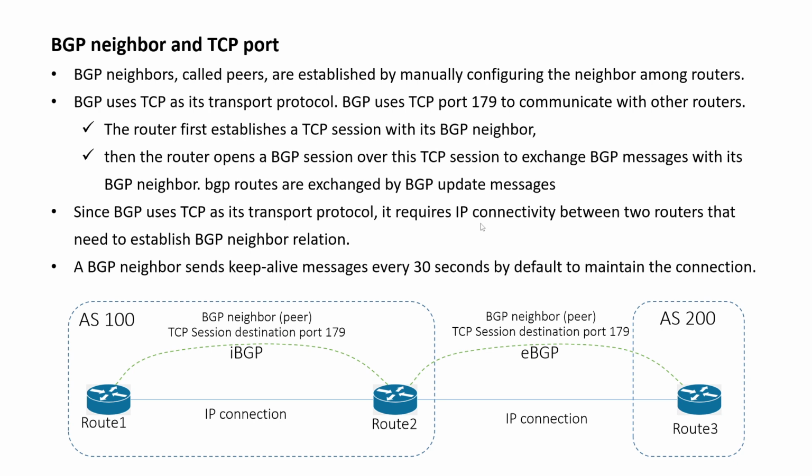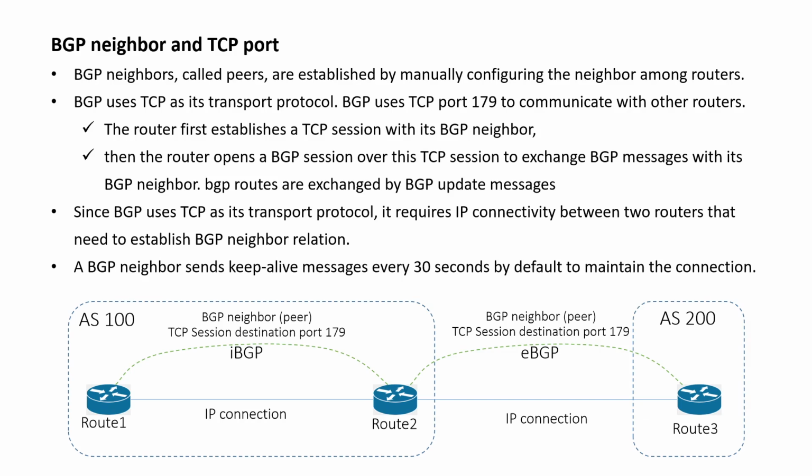Next we'll talk about BGP neighbors and the TCP port. BGP neighbors, also called BGP peers, are established by manually configuring the neighbors on the routers. Remember, BGP neighbors have to be manually configured. There is no automatic command to configure that. BGP uses TCP as its transport protocol, and uses TCP port 179 to communicate with other routers. How does it work?